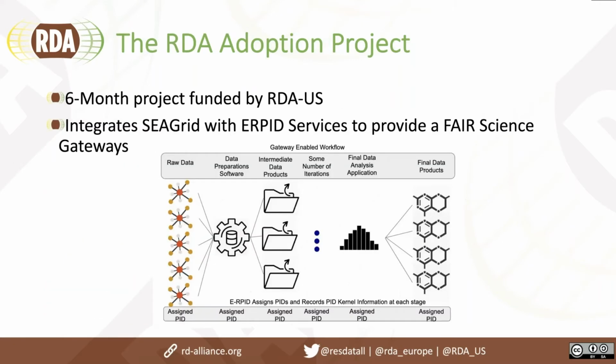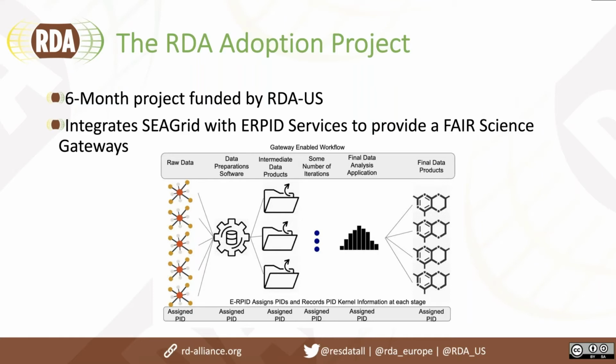So the RDA Adoption Project was a six-month project to see if we could take these small fluorescent molecules and integrate them with the PID services that RAPID allows, and provide a version of a FAIR science gateway.